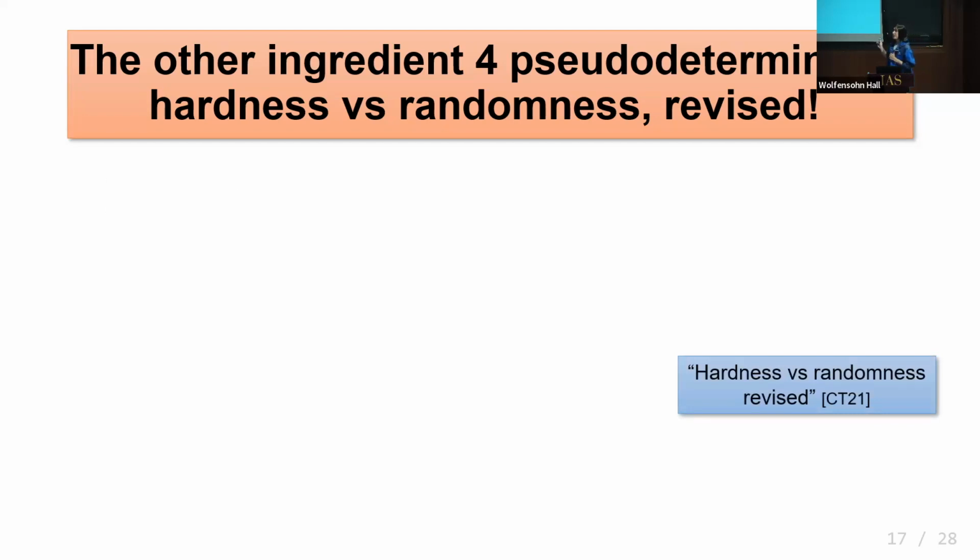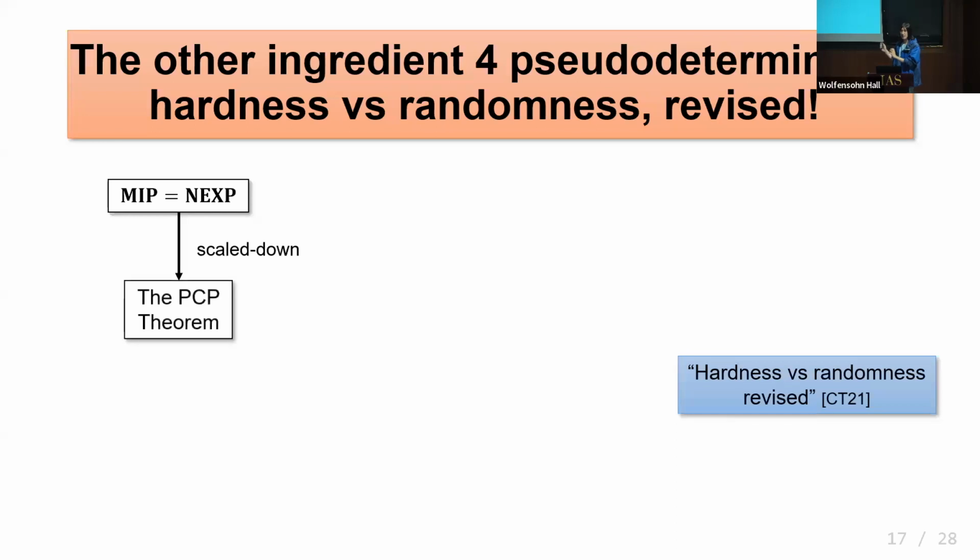To give you some intuition on why we need to use this ingredient, the following is just intuition, nothing formal yet. If we know that MIP is equal to NEXP, and you scale it down, then you get the PCP theorem.